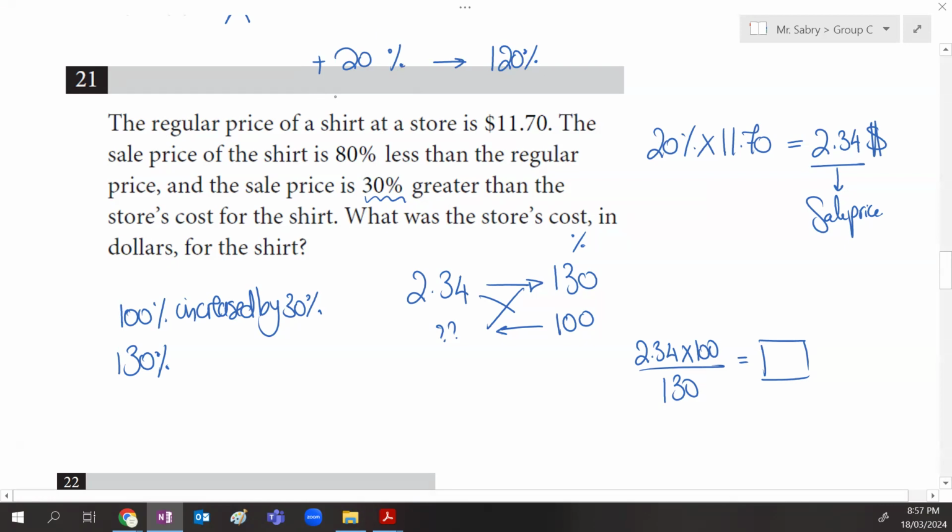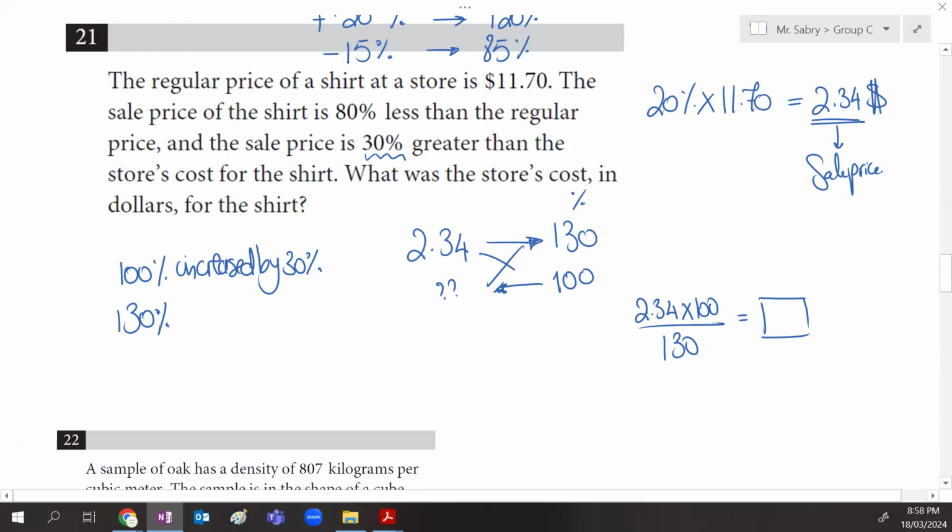If I decided to do a 15% sale, I'll remove 15%, then the price that I'm going to pay is 85% of the old price. So I either add to 100 or subtract from 100. Because I know that this price of 2.34 is the price after the increase of 30%, then I know that the 2.34 is equivalent to 130, and now I need to know the 100% before the 30%. What was the price? And I'll cross multiply.